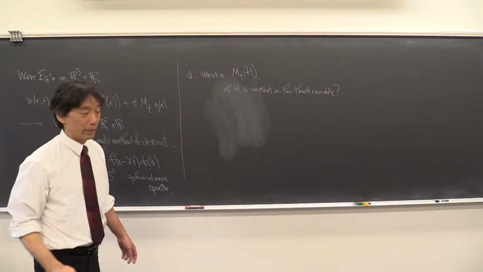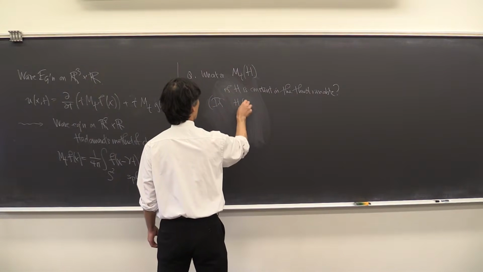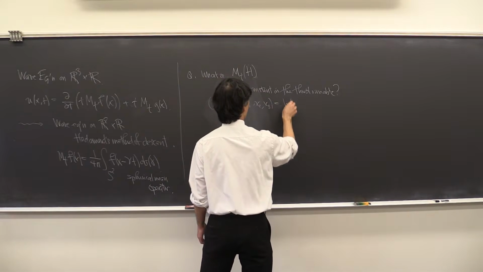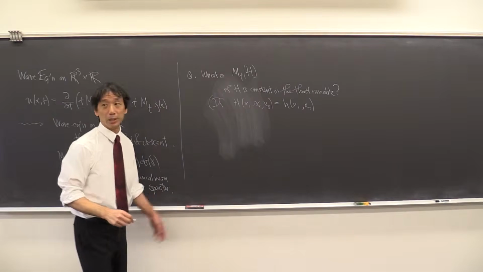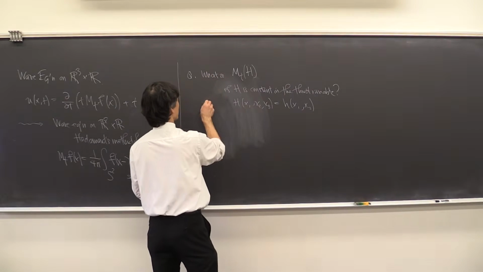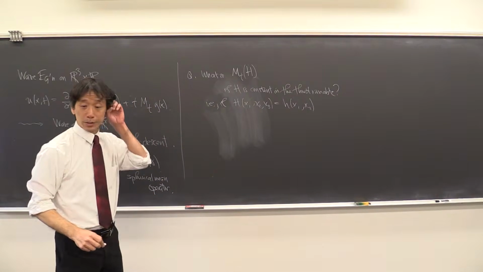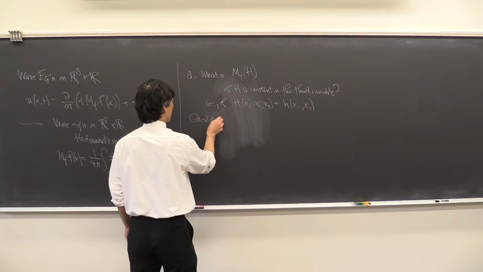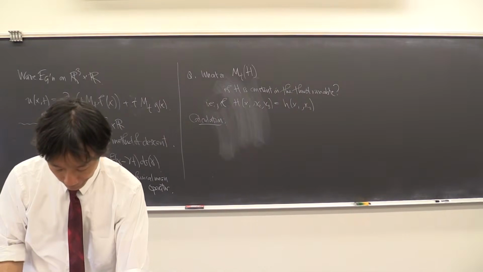So if h(x1, x2, x3) actually equals h of some 2-variable function, right? So it doesn't depend on the third variable. Okay. So, and that just turns out to be a calculation. So let's just do the calculation, right?